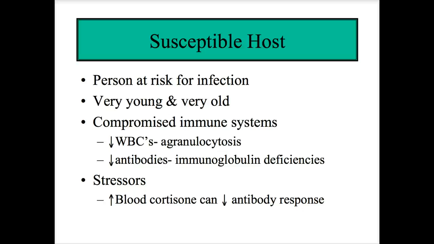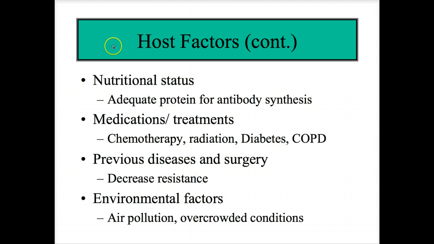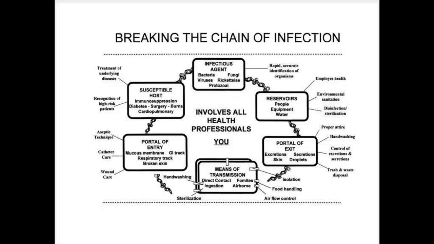We want to understand again who the susceptible host is. Is a person at risk for infection? That person could be very young, very old, with a compromised immune system, or under stress. Nutritional status, medication, and previous history can also make them more at risk for infection.